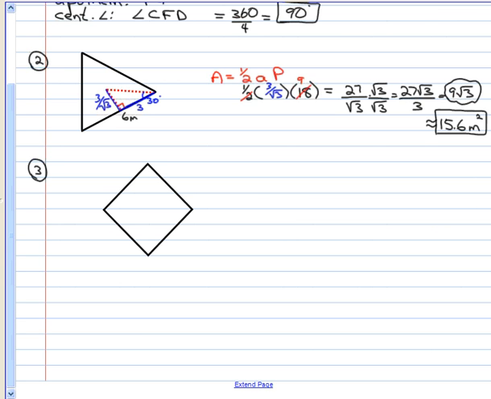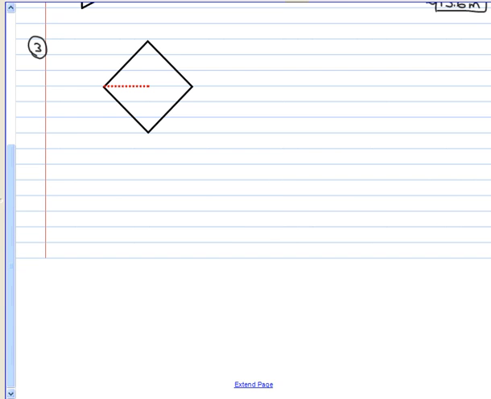What have they given us here on number 3? A 9-inch radius. And again, we're going to be using area is 1/2 apothem times perimeter.